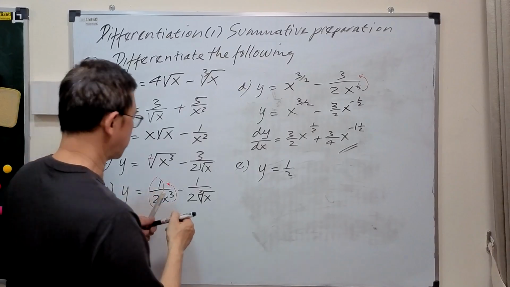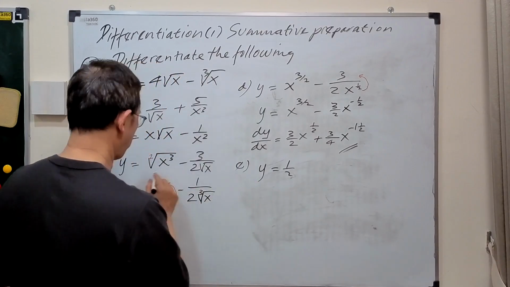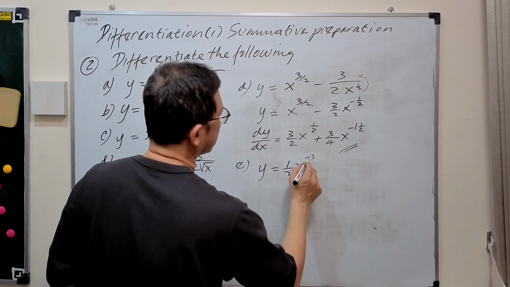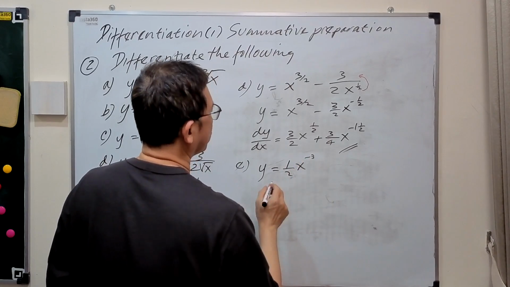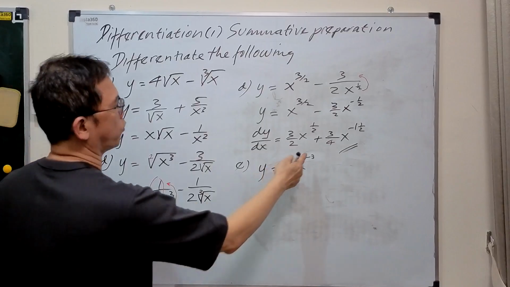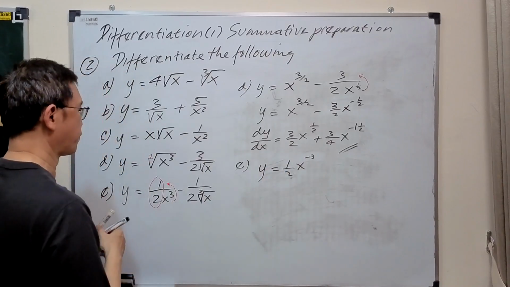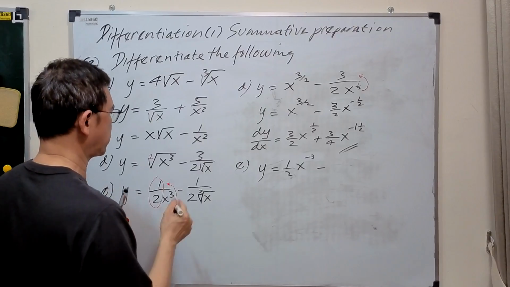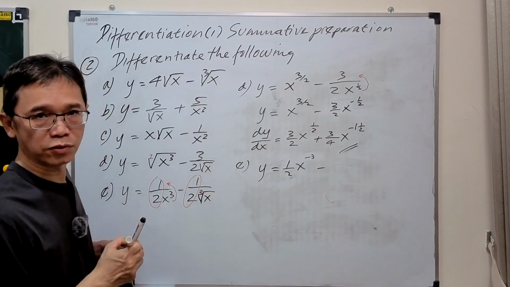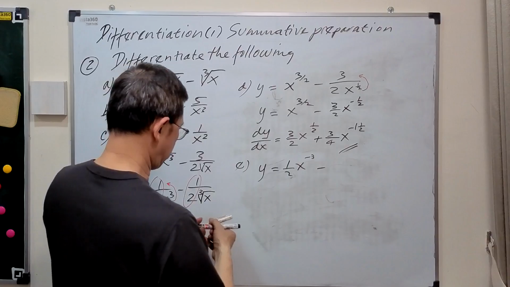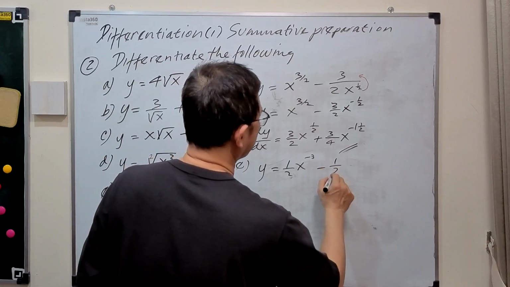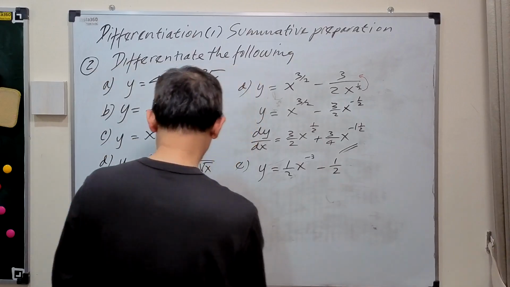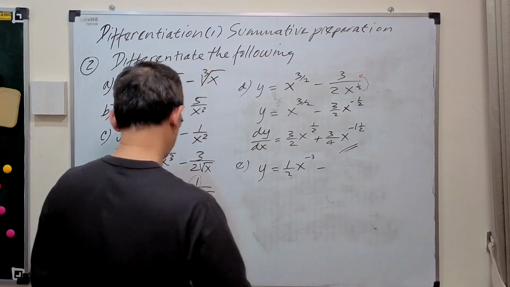This will be the exponential form of 1 over 2, x to the power of negative 3. So we can apply the power rule. This is also a fraction, just write down half again, but be careful with this. Let me answer it slowly.